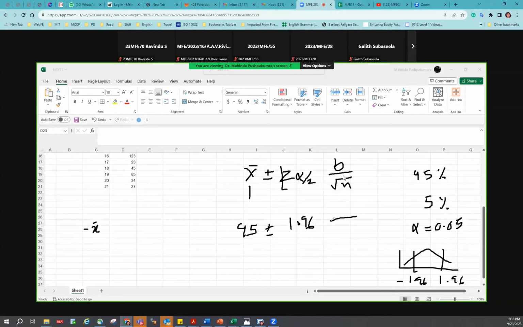Then sample size 10. This value we don't know actually. Then we can calculate it based on this population. Let's say this is our population. Then we can calculate this.